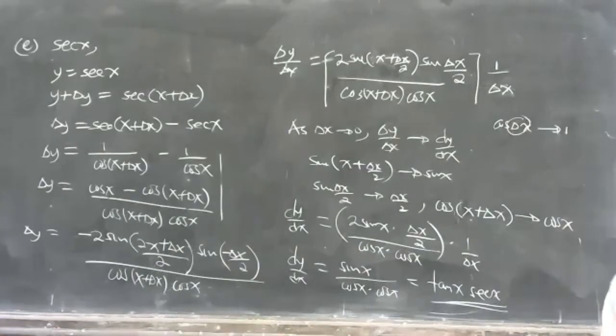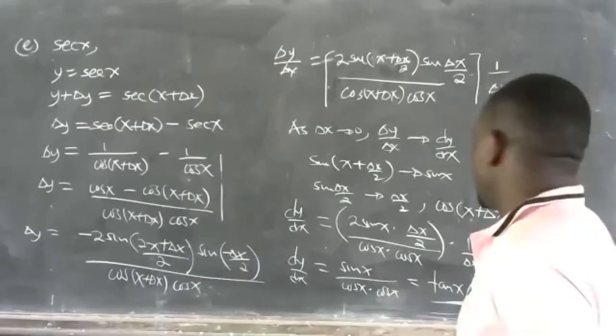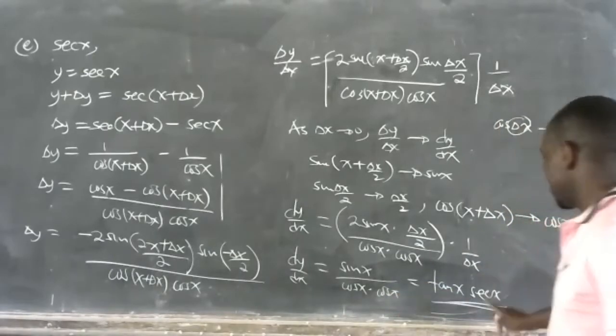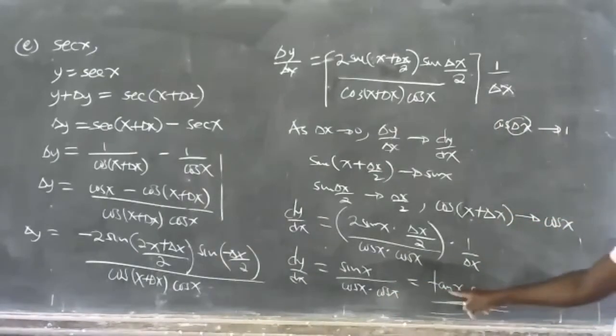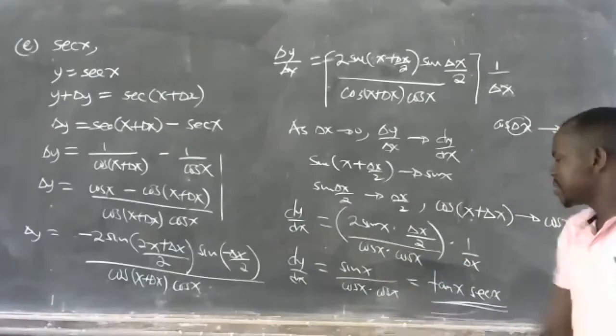Excuse me, teacher, what's that last thing you've written down there? On the board where it's tan x sec what? Sec. 1 over cos, we get sec x, okay? Yes, sine over.